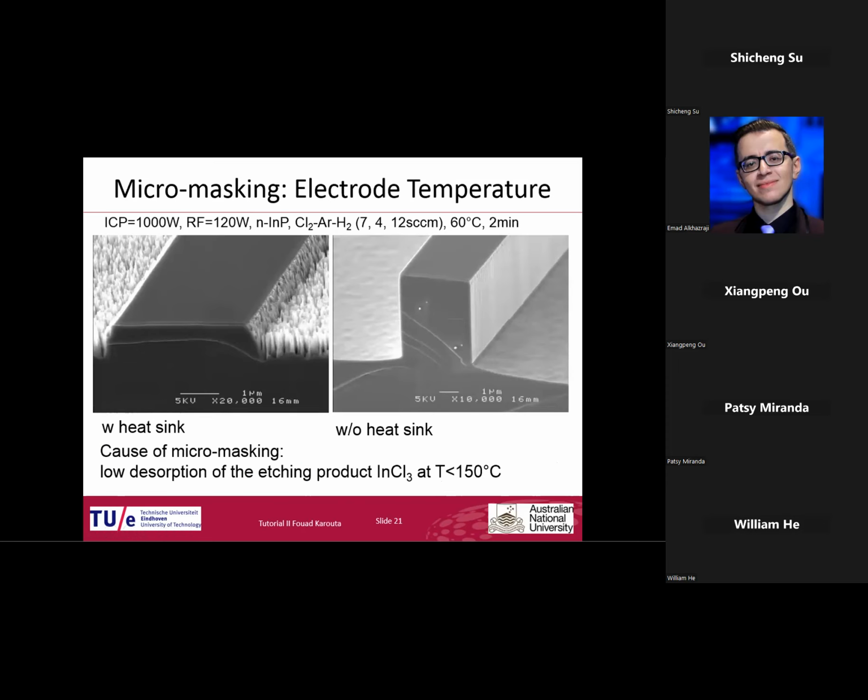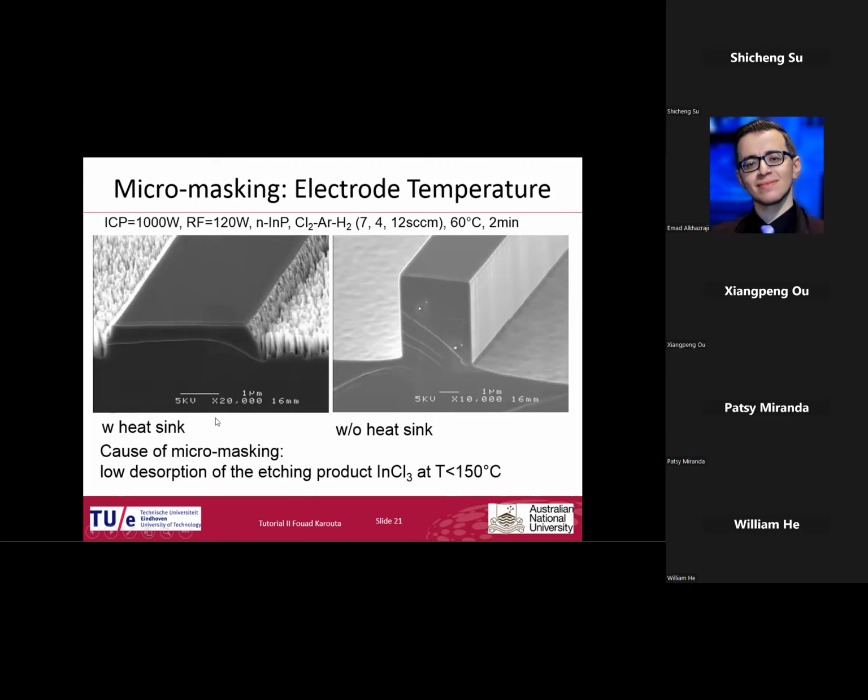Another factor you need to pay attention to is micromasking, and I will be touching two types of micromasking here. These two photographs are two samples used at the same time. If you have done etching in ICP, for example, most of the time you can either put your sample as it is on a silicon wafer and etch it, or you can glue it with what we call heat sink paste.